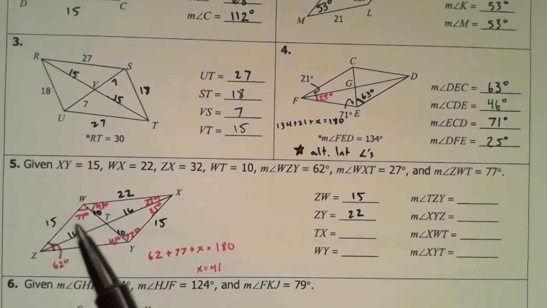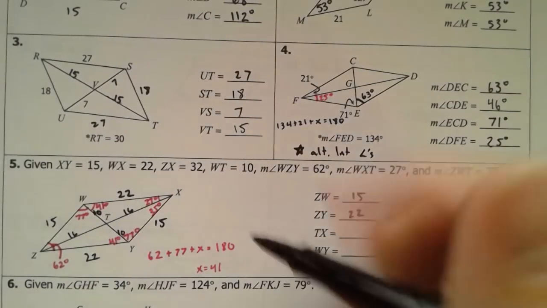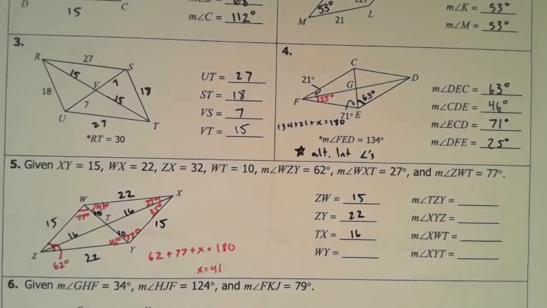TX is right here. We already labeled it as 16. That was one of the bisected diagonals. WY is here, the entire thing. We know each part is 10, so 10 plus 10, you get 20.